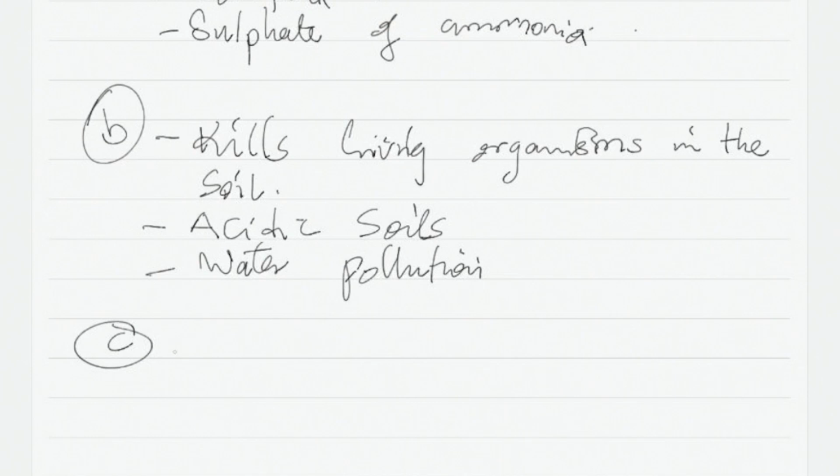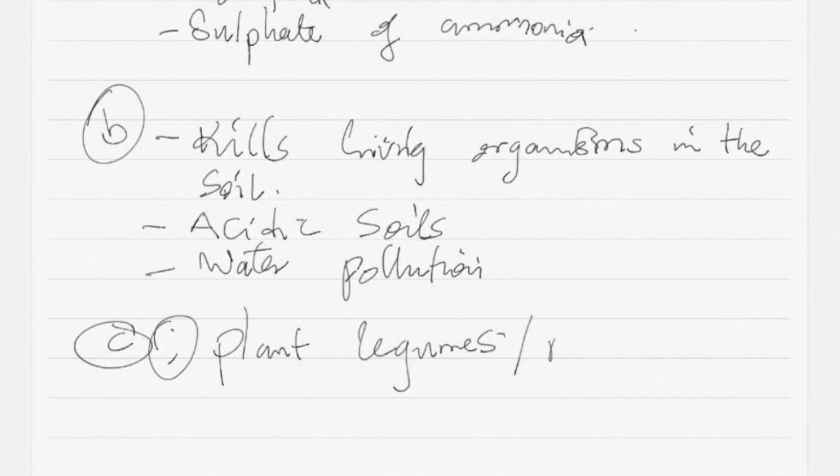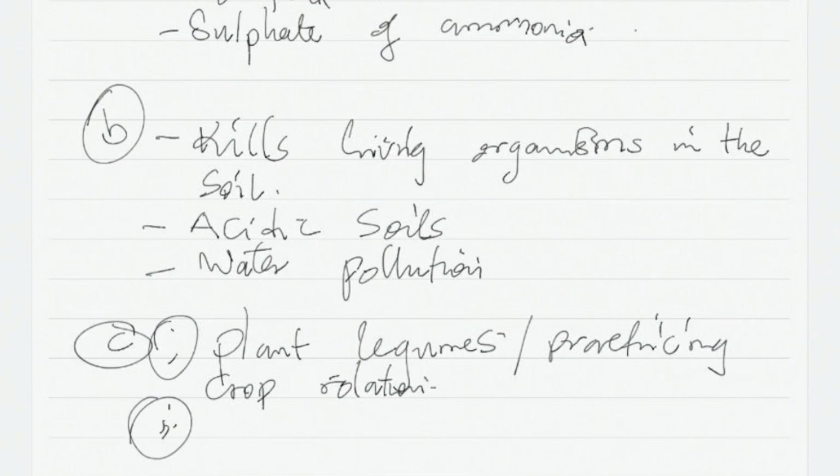Number 1, we plant legumes by practicing crop rotation. Then the other point is we can use agricultural lime.